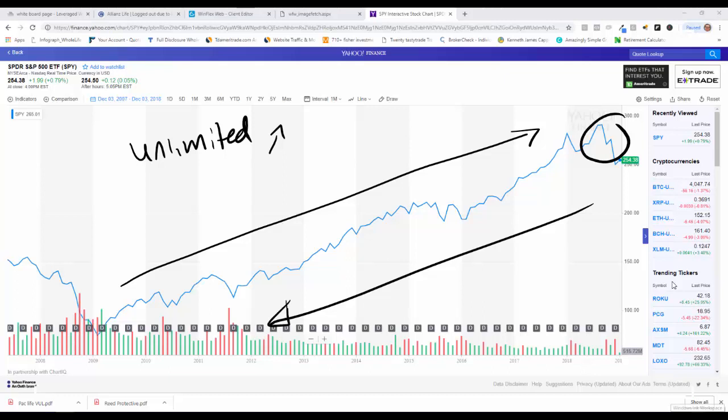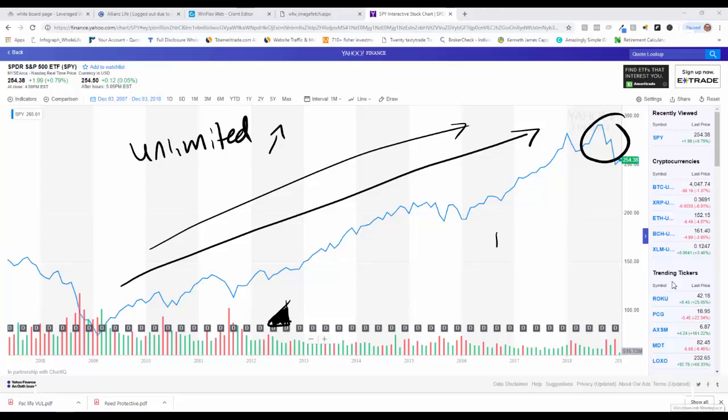So here's what I'll submit to you. If you have a variable universal life insurance contract, or if you're thinking about getting a universal life insurance contract, I want you to look at this chart and I want you to look at where we are now versus where we've been the last 10 years. And I want you to ask yourself this question. Going forward, is it likely that your variable universal life insurance contract performs better than the last 10 years? The same as the last 10 years? Or worse than the last 10 years? Ask yourself that question. You've got a variable universal life insurance contract.